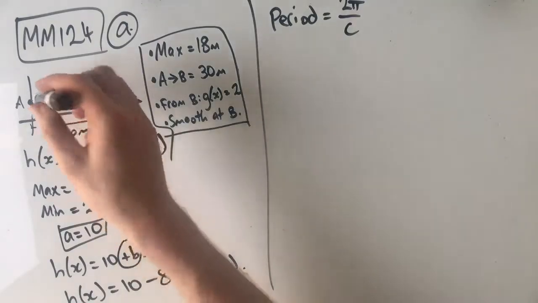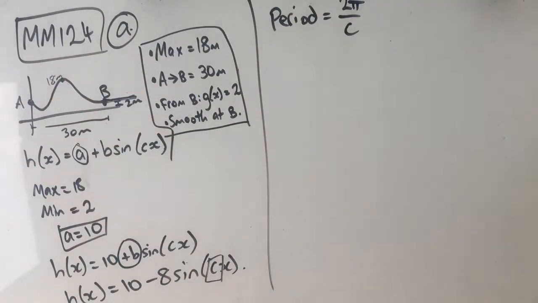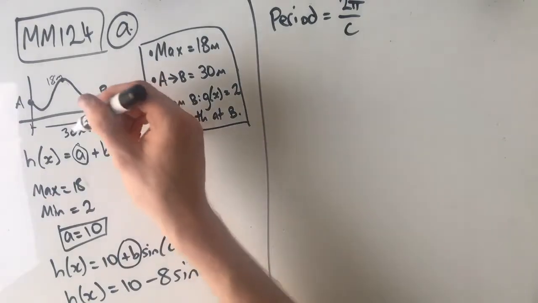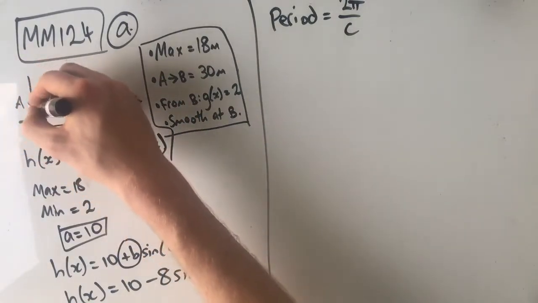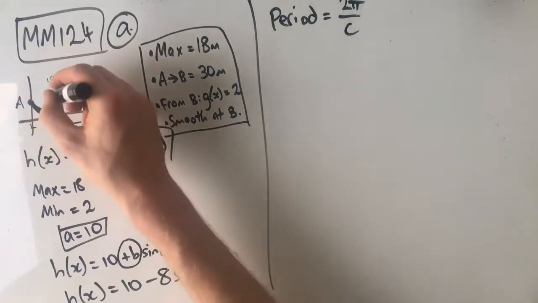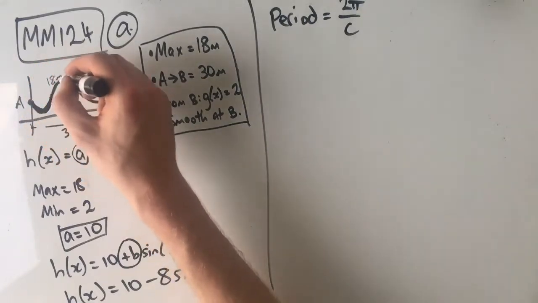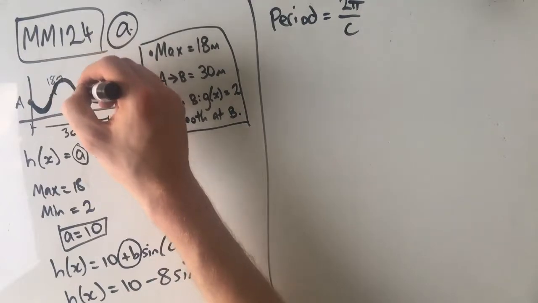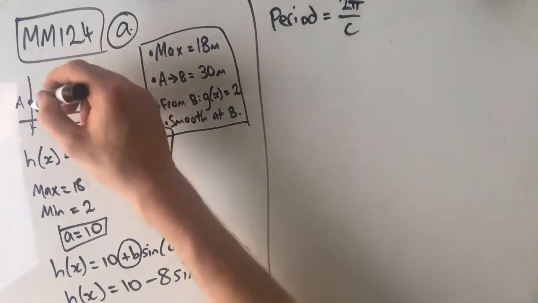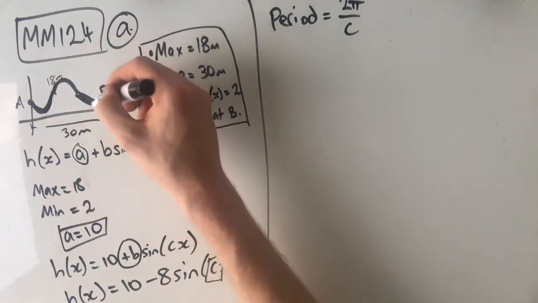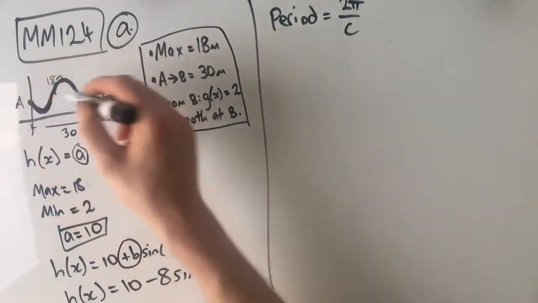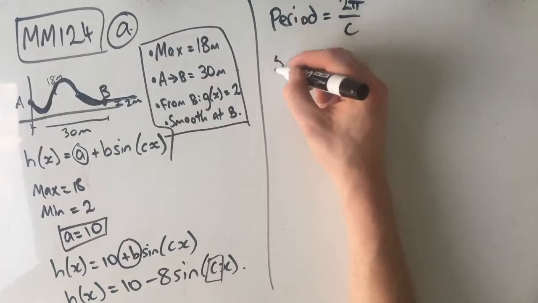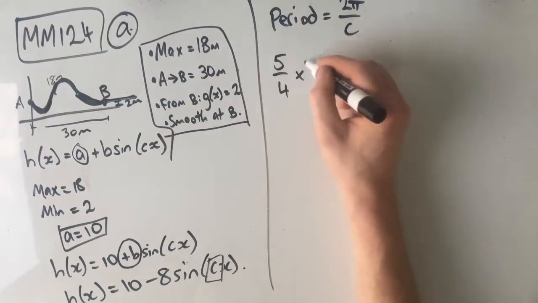So from A to B is 30 meters, which means that this bit here is a quarter of a period, another quarter, another quarter, and another quarter. Because we're doing one full cycle and then 1/4 of a cycle, this whole section from A to B is 5/4 of a period.